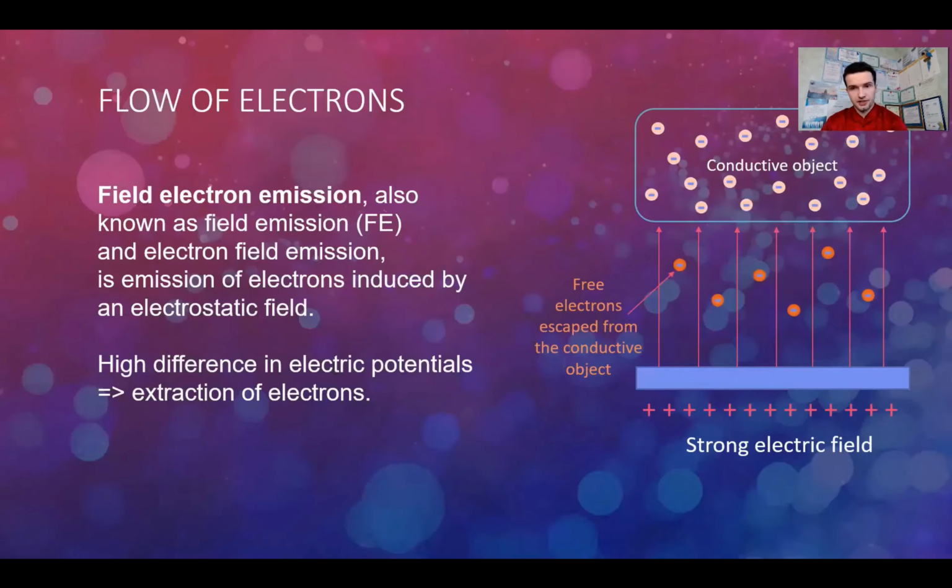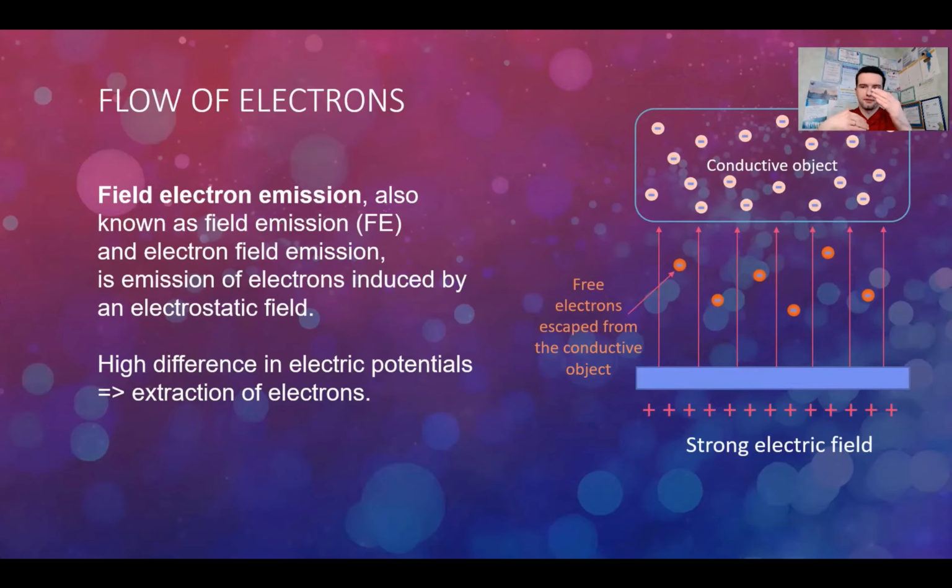So the first step, the first effect that we need to talk about is called field electron emission, also known as simply field emission or electron field emission, etc. This process happens when there is a big, strong electric field applied to some conductive object.